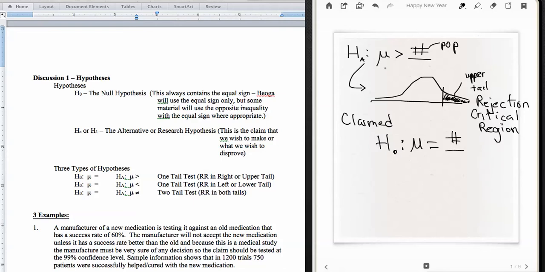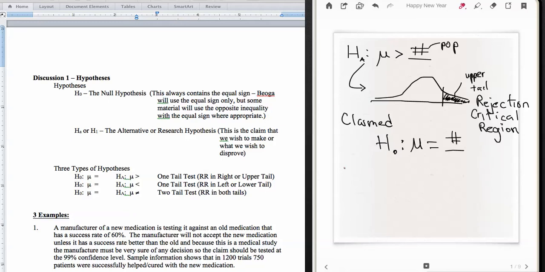And it's because of the claim that we set up where this rejection region is. And you're going to see as we go through the three different types of tests over here, the one-tail upper tail test, the one-tail lower tail test, and the two-tail test, that it is this alternative that sets up this rejection region. So now let's go on to the lower tail test.